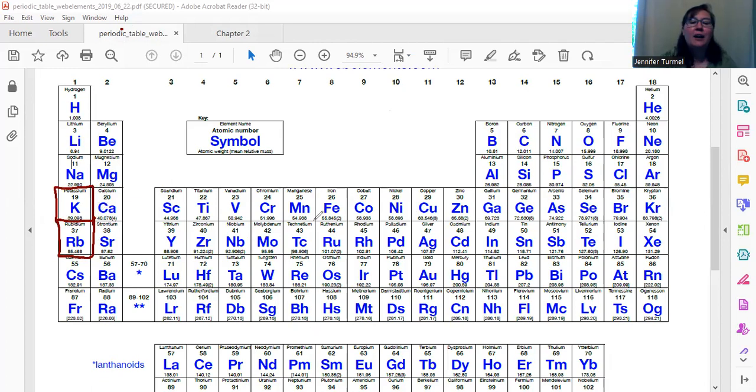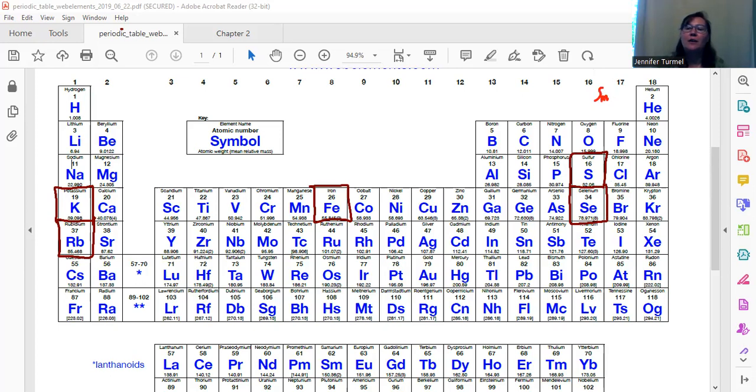Okay, and we have iron right here, and selenium, and we have sulfur.